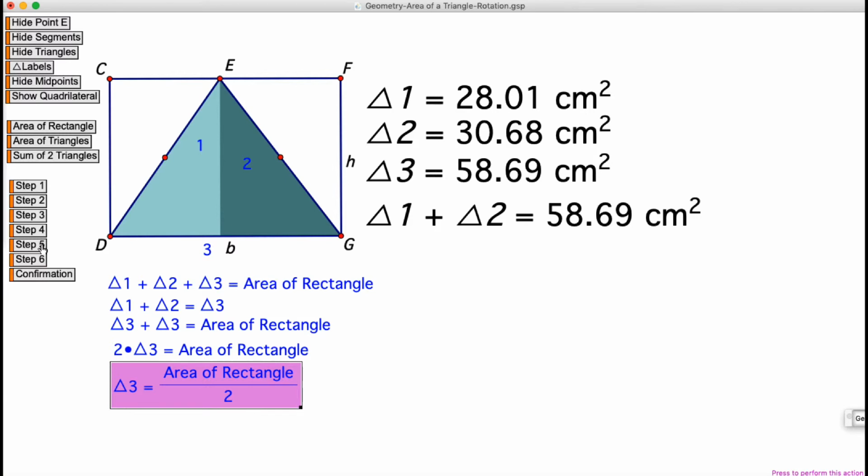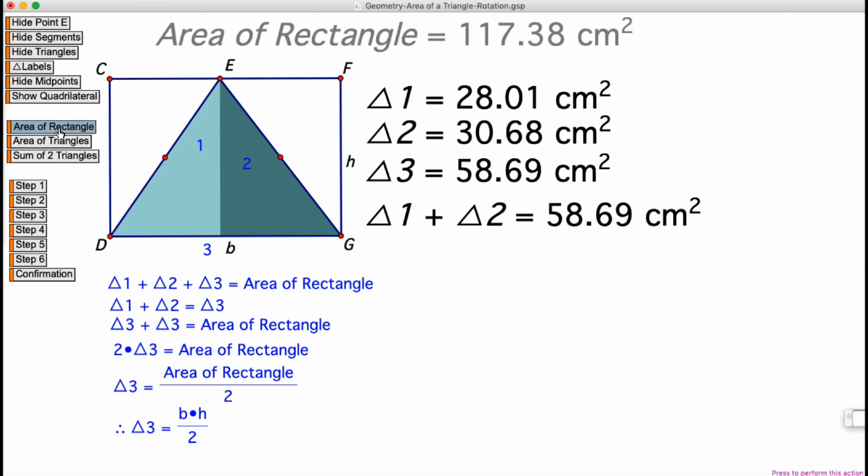Now we come back to the concept of what the area of a rectangle is. And we know that it's going to be base times height. So we can substitute one last time and say the area of triangle 3 is going to be equal to base times height divided by 2.